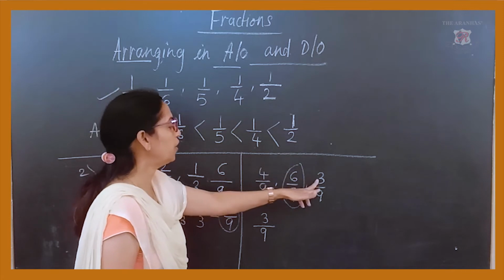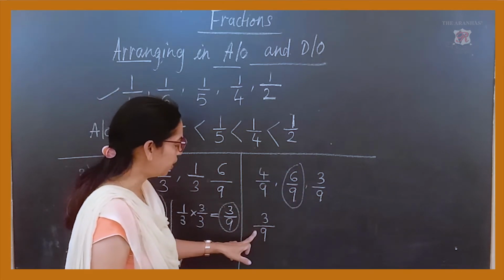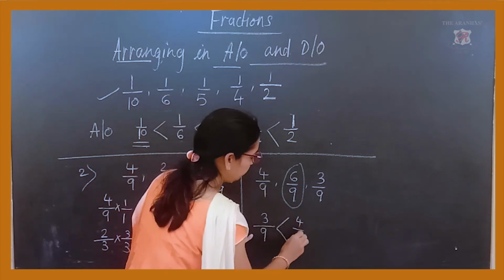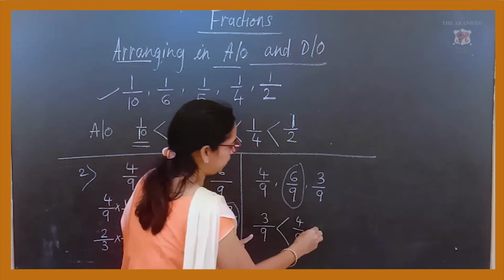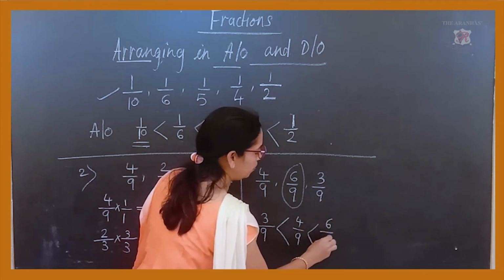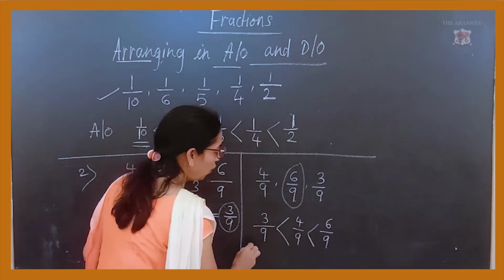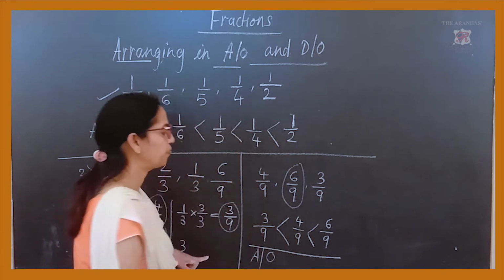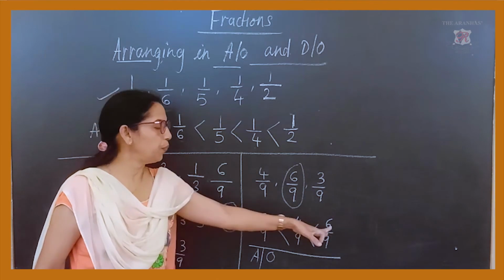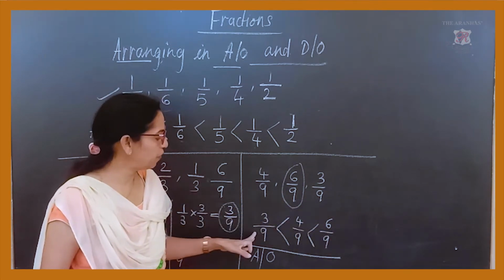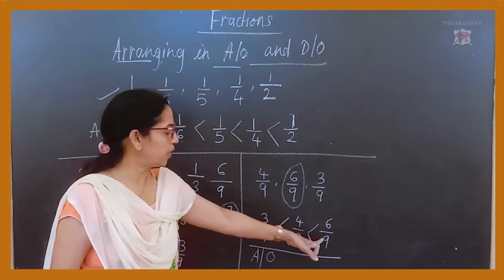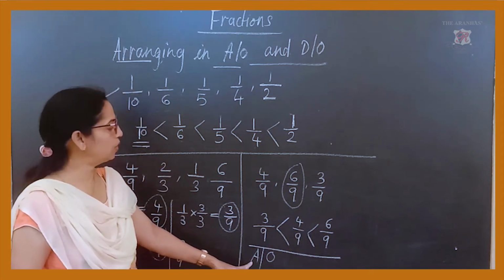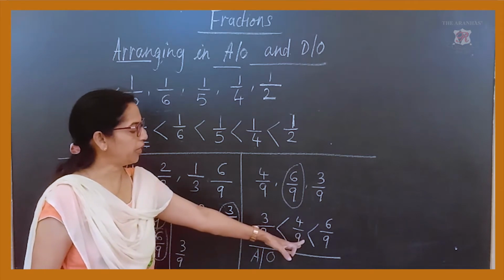So 3 upon 9 we will write first, then 4 upon 9 and then 6 upon 9. So this will be your ascending order, because smaller to bigger. Whenever we consider ascending order, we have to do the same, smaller to bigger fractions.